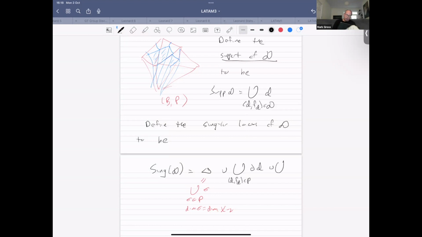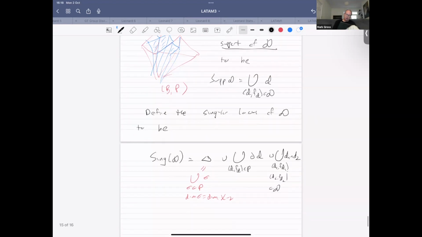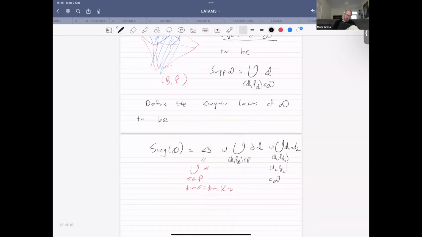And then finally, one more piece: I take 2 walls inside D and take the intersection, provided the intersection is codimension 2.